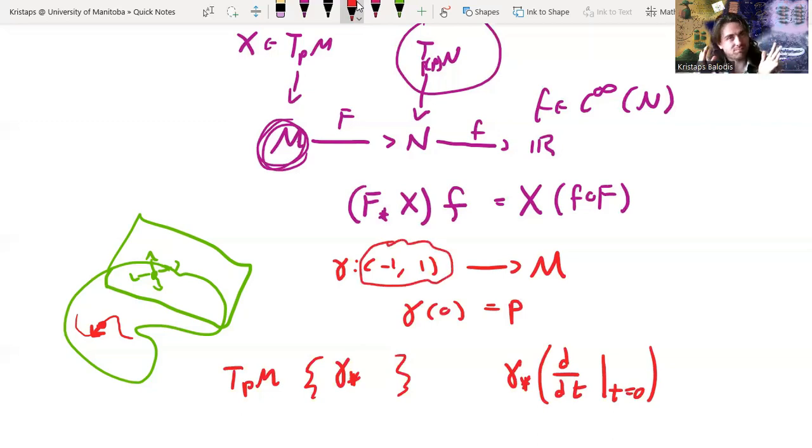And again, for the nth time, I'm going to suggest looking at Lee's Introduction to Smooth Manifolds, which will really help connect this strange definition of derivation to this more intuitive definition where we're thinking about derivatives of paths in our manifold. Okay, so that basically does it for today.